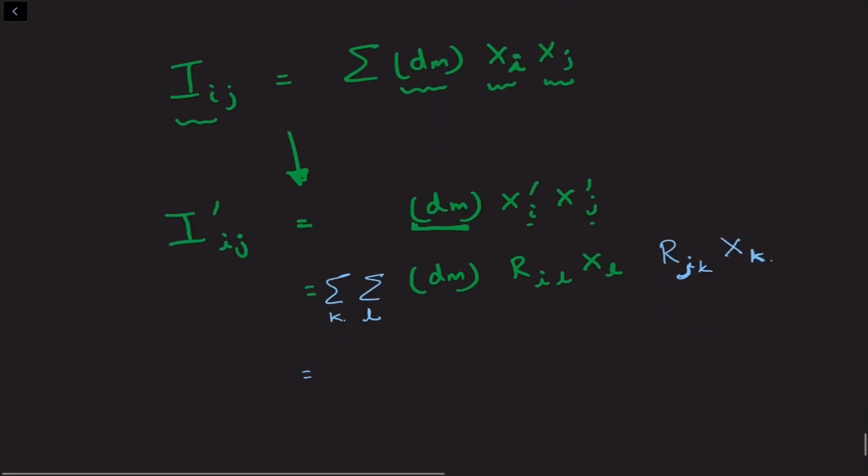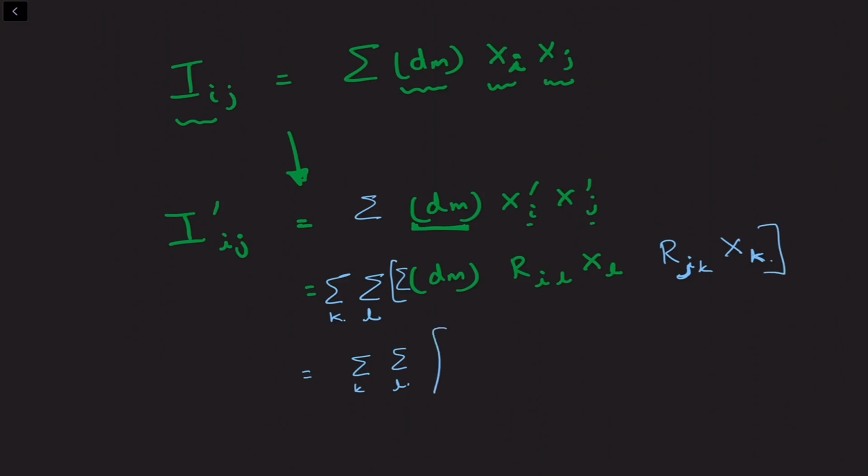If I write this out, I can write summation over k, summation over l, and there was previously a summation over the masses, and I can interchange the order of these summations. I can do the summation over masses first and then do the summation over the indices k and l.